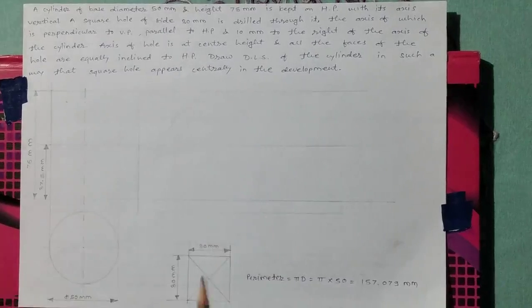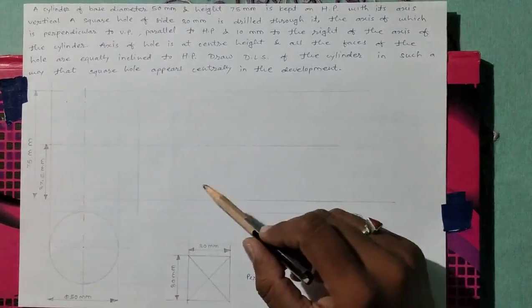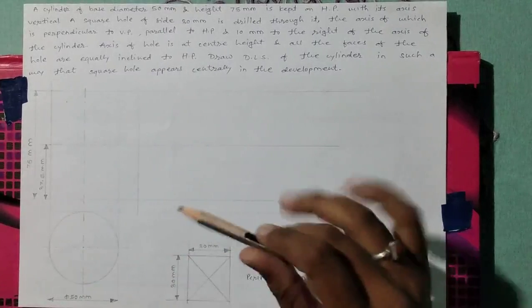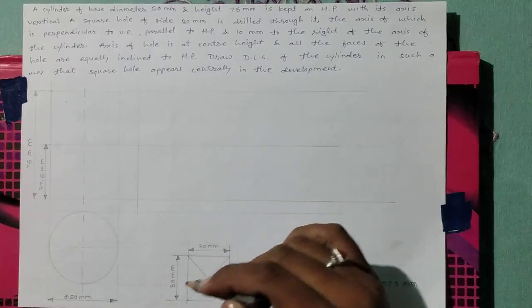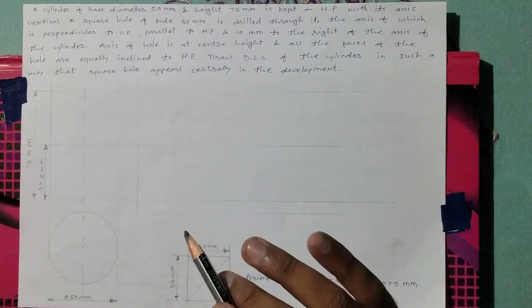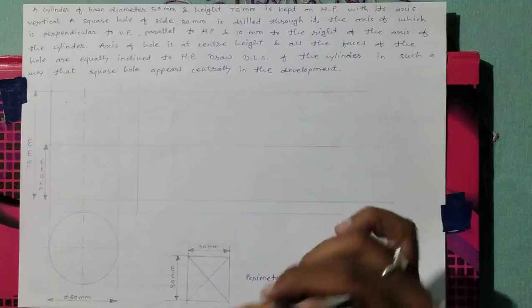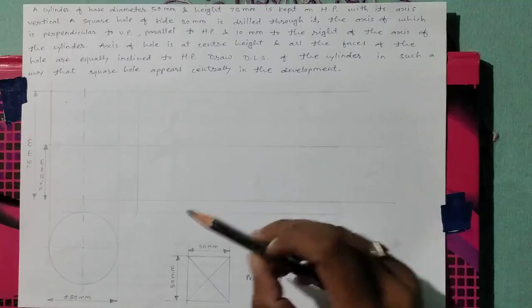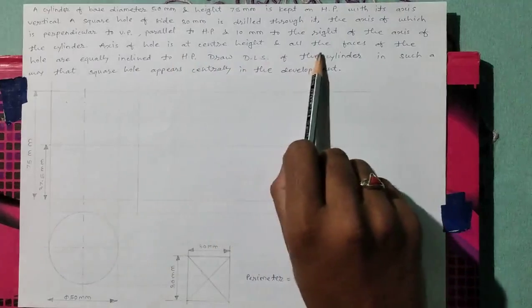This axis is at the right side of the axis of cylinder by 10 mm, that is, there is an offset of 10 mm, and the faces of that square hole are equally inclined, and the axis of the hole is at center height.